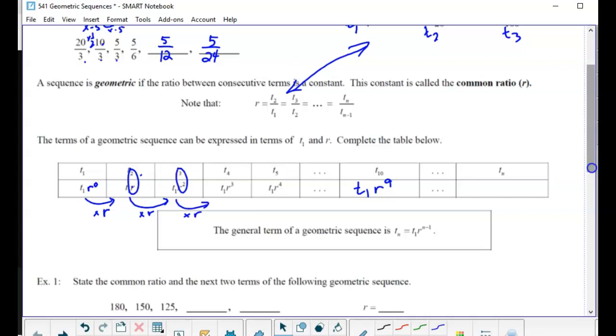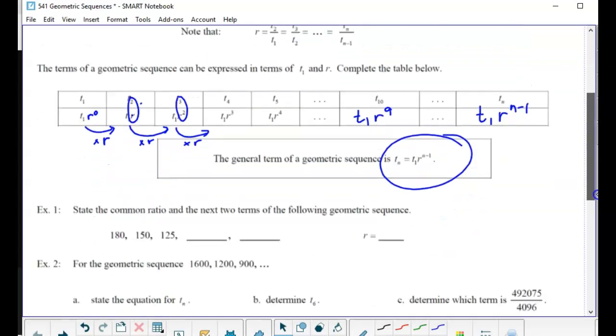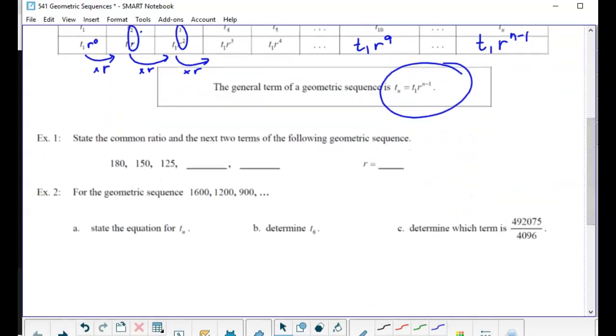And then in general, that would be T1 R to the n minus 1. So that is your general term. T1 times R to the n minus 1. So if we're starting at T1, that means n is 1. And again, that formula will be given to you. It's nice if you can memorize it, but it will be given to you.